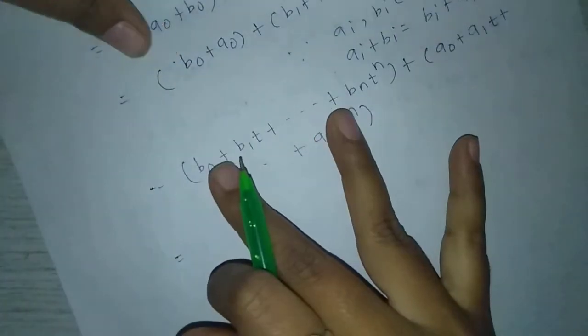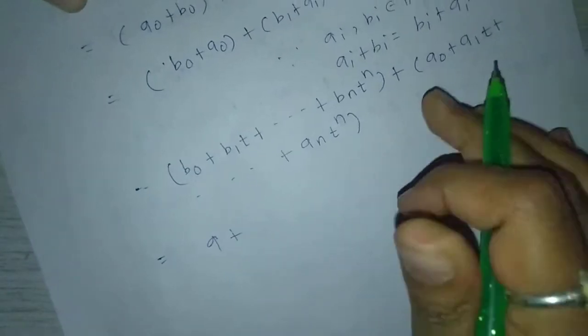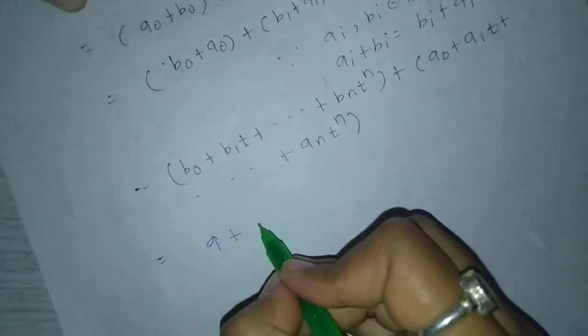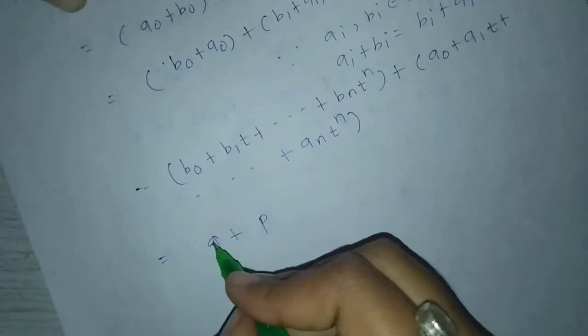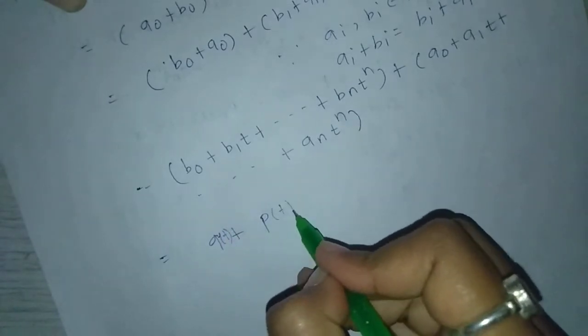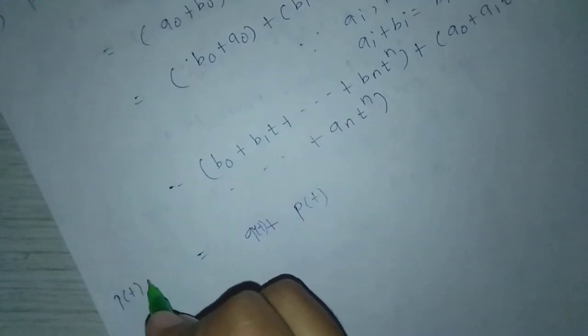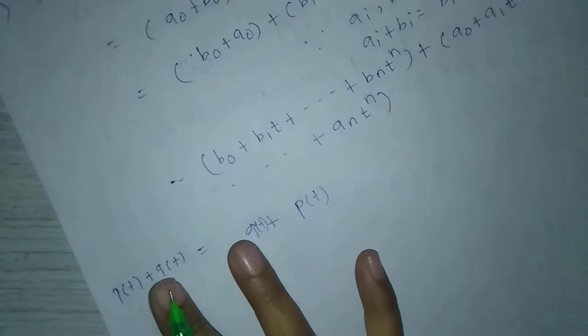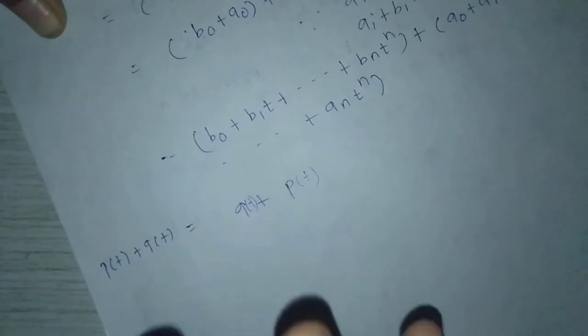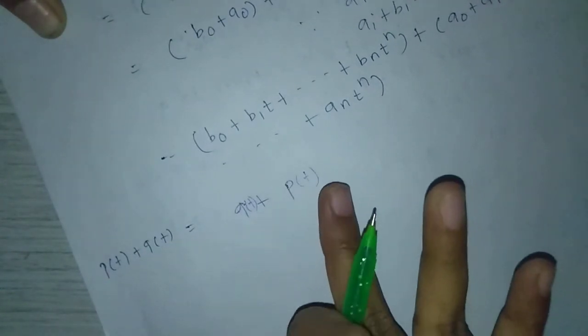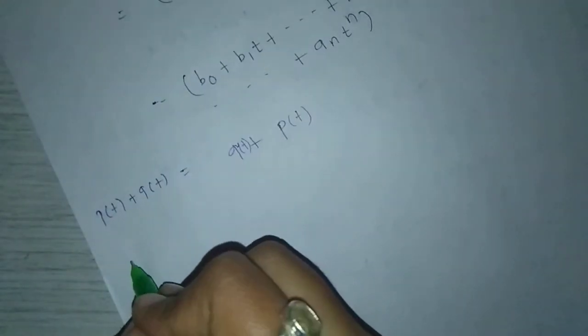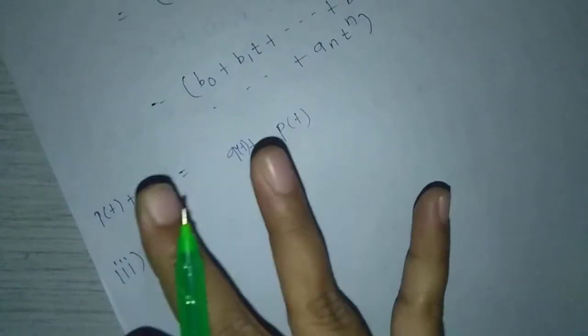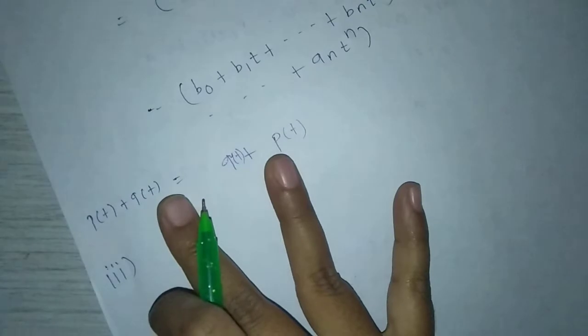So this polynomial is nothing but q, plus this polynomial is nothing but p, or you can write it as q of t plus p of t, because these polynomials are in the variable t. So q of t plus p of t. Next, the commutativity property is satisfied here.